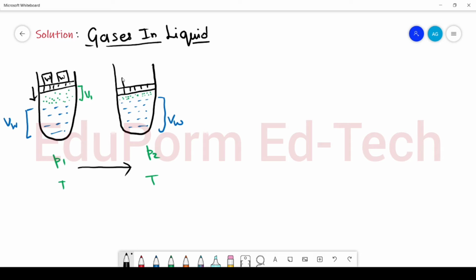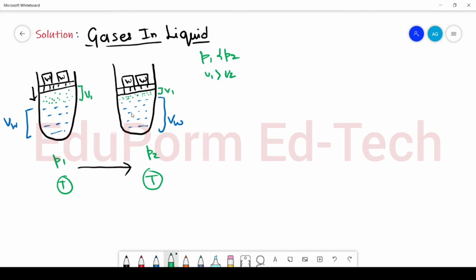So again, this is W1, the weight of the piston, and W2, the weight applied on the piston. Now, the volume of HCl gas will decrease from V1 to V2. Here P1 is smaller than P2, that means an increase in pressure takes place, while increase in pressure results in decrease of volume. V1 is greater than V2. And the constant is our temperature.